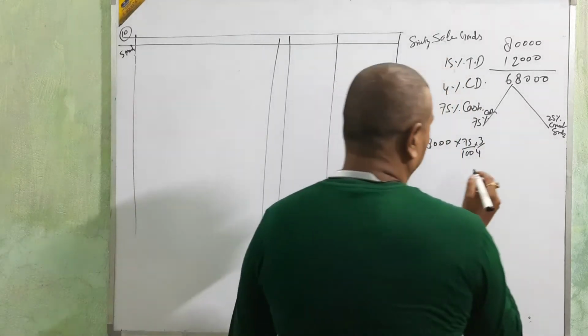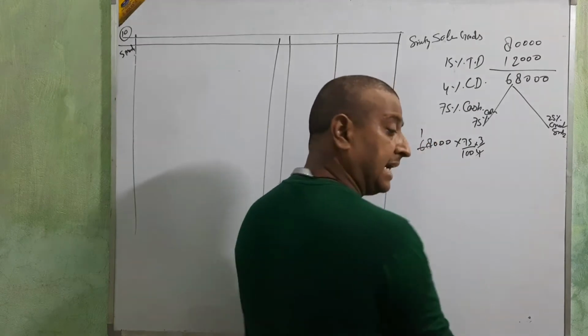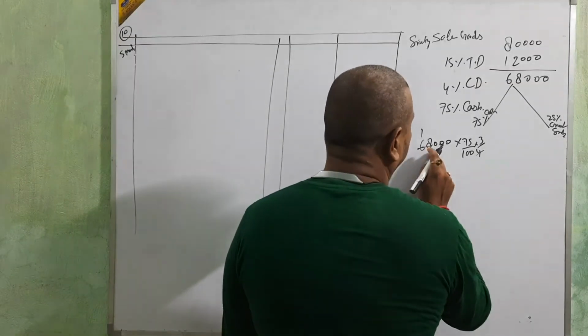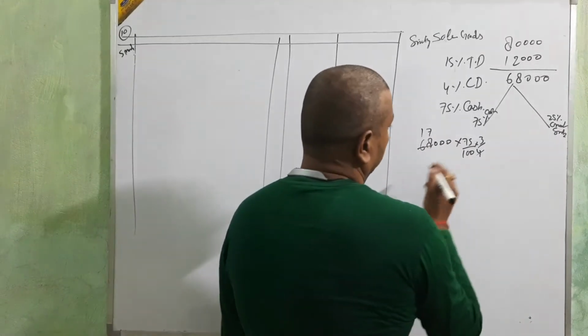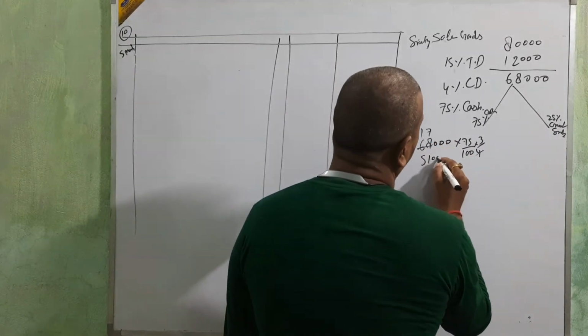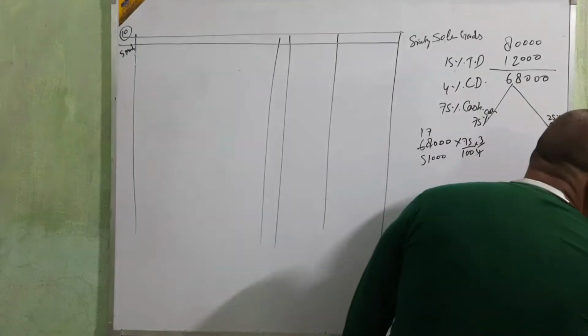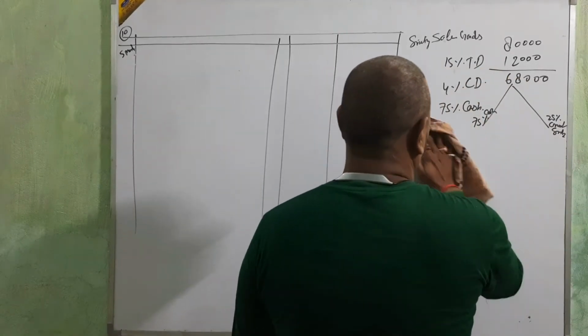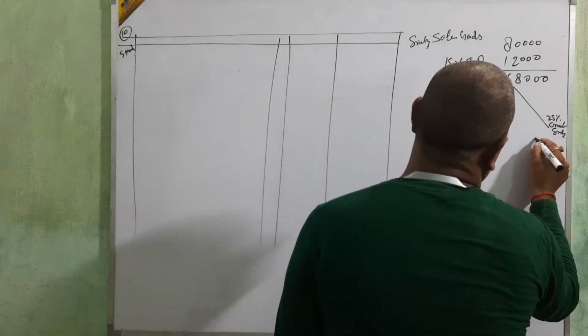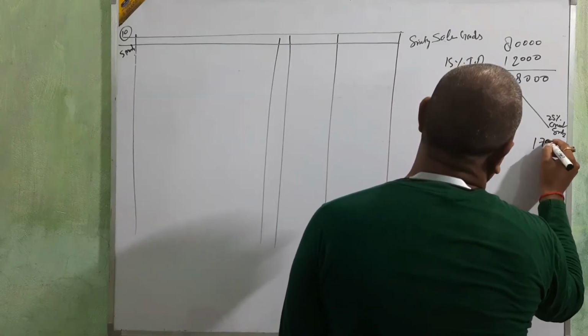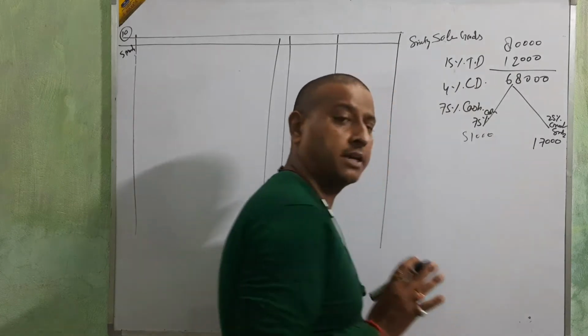Okay beta, divide by 4 one time. Clear? 17,000, 7 times 3 is 51,000. Okay beta, clear? Here 51,000 and 17,000 this side. Okay, clear?